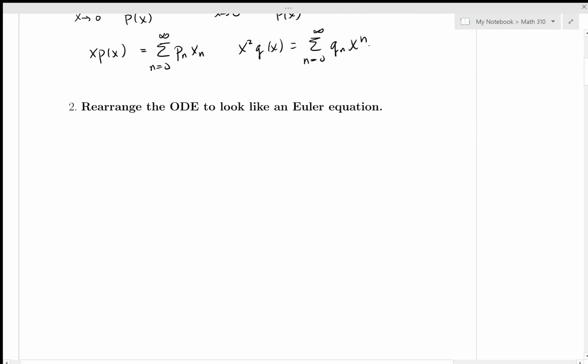So let us take a look at how that works. We have the differential equation, capital P of x y double prime plus capital Q of x y prime plus capital R of x y equals 0. I'm going to divide through by capital P of x, yielding this equation here.